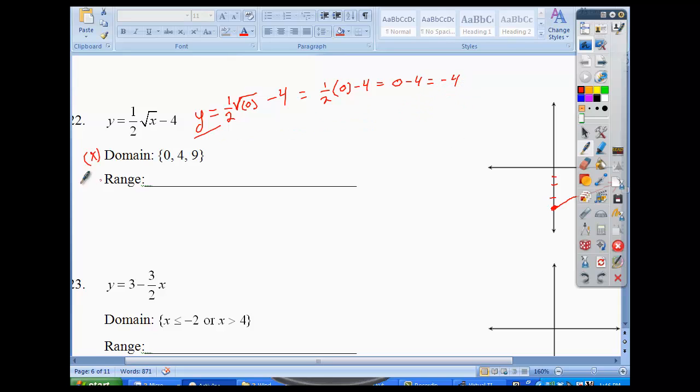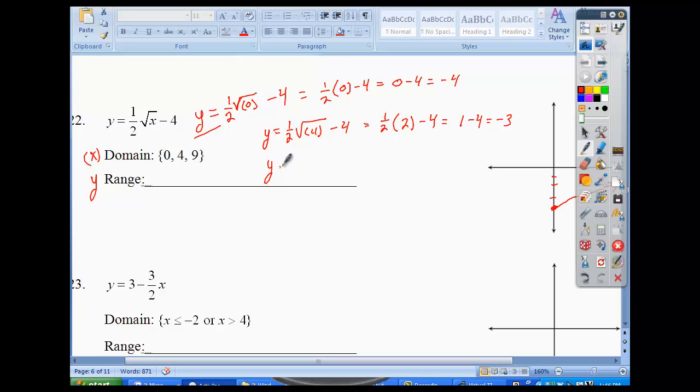So remember, range is our y value. So I'm going to do it again. y equals 1/2 square root of, this time, 4 minus 4, which is 1/2 times the square root of 4, which is 2, minus 4, and half of 2 is 1, minus 4 is -3.